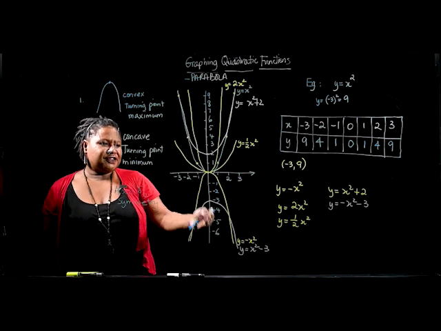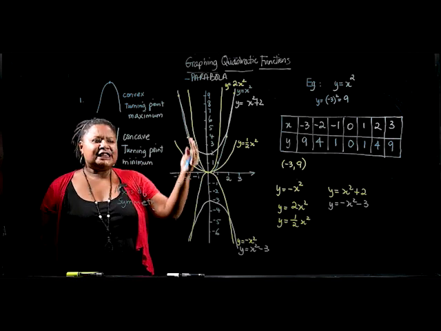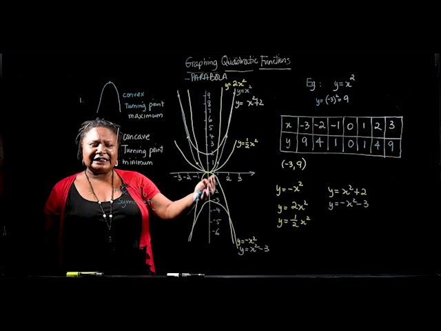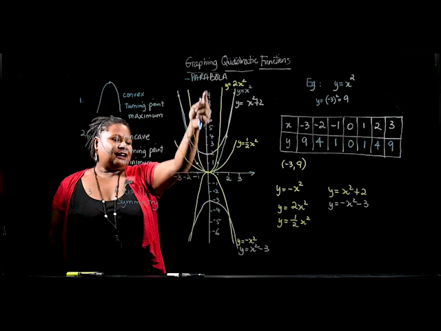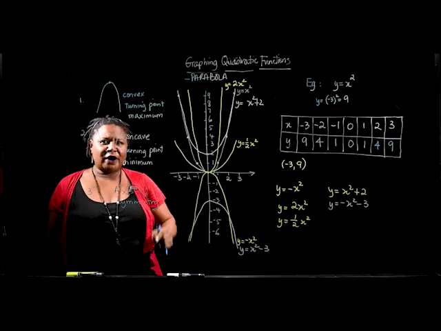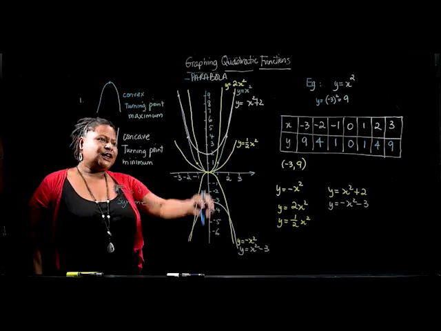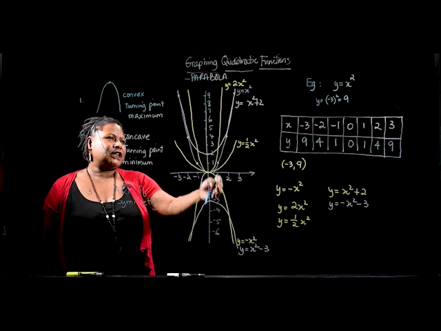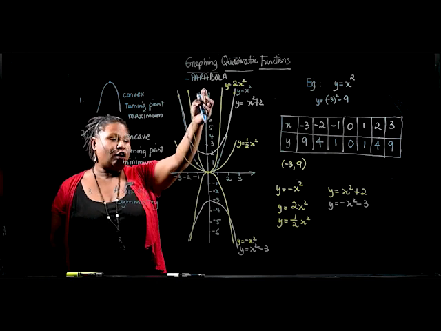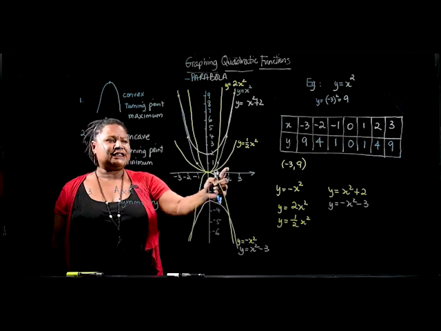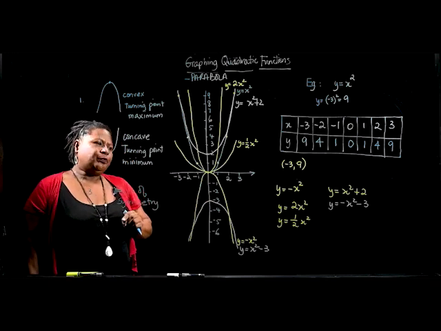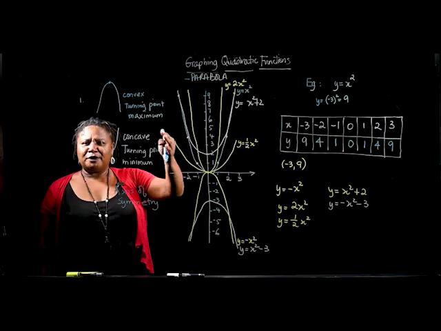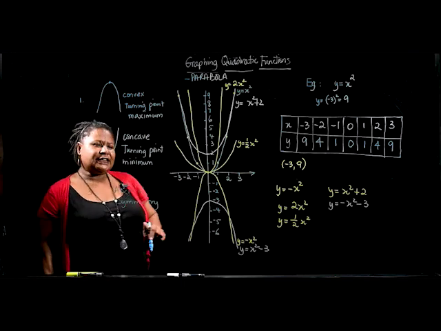For all the graphs that we have seen here, the axis of symmetry is at the line here, which is the y-axis. So our examples show that the axis of symmetry in all cases is the y-axis. Now, sometimes the graph will move, but we will look at that later.